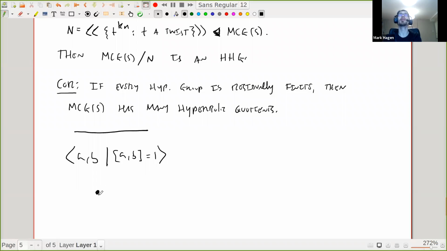So for right-angled Artin groups, Sang-hyun Kim and Thomas Koberda defined this thing called the extension graph, and it has a vertex for each of the conjugates of the standard generators, and it has an edge joining two of those vertices when the corresponding conjugates commute. So for Z squared, which is a right-angled Artin group, it's not very interesting, right?